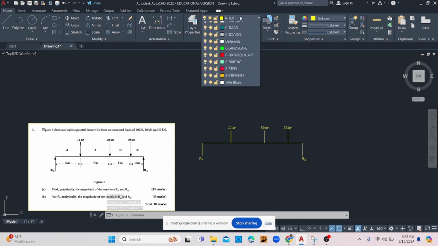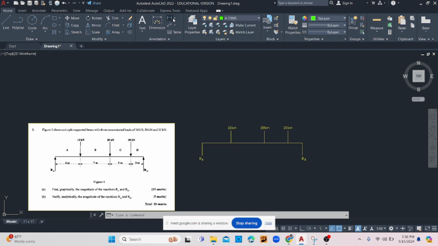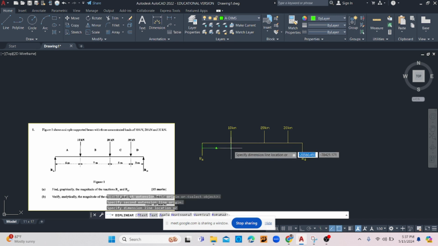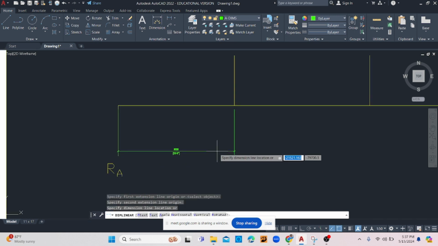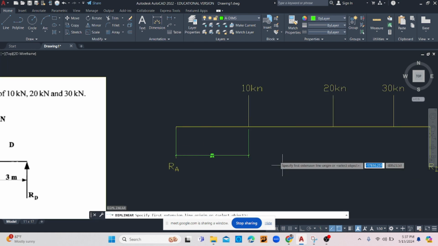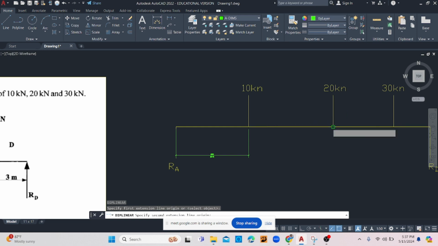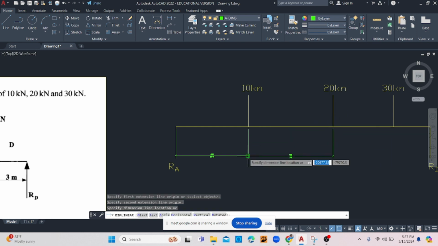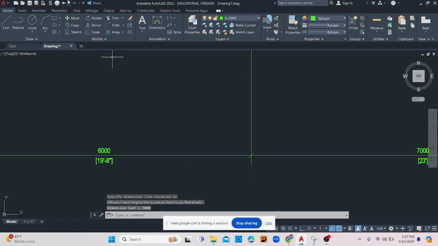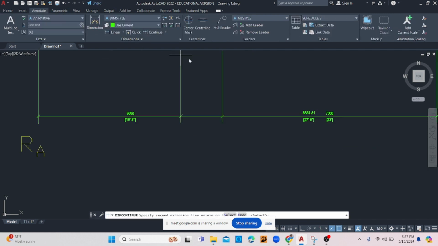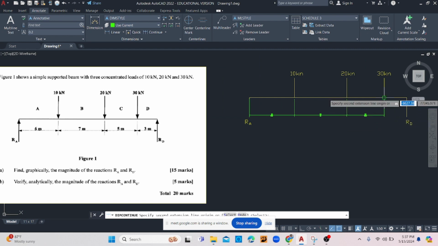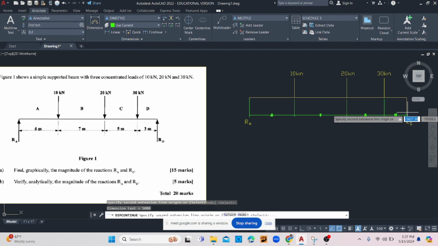If we're going to add some dimension just for clarity, so we have from here to here, we have from here to here, and let me continue, we have here and then here.